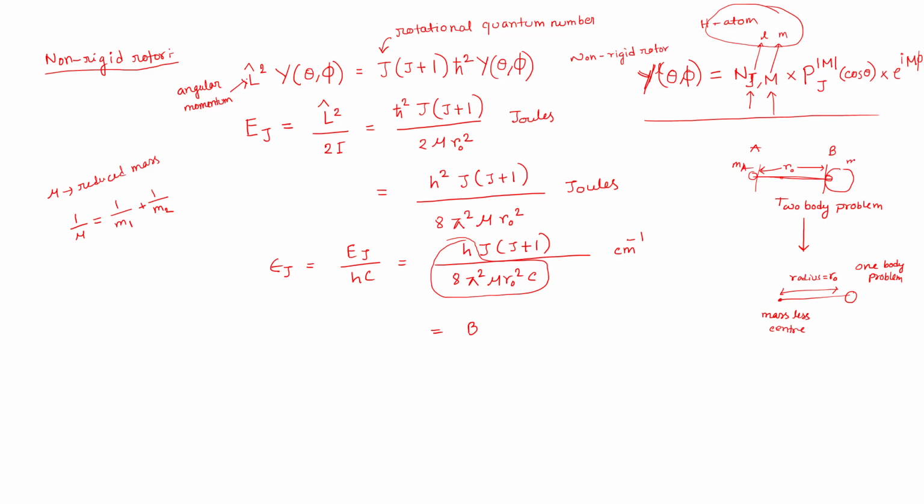Here I have written m1 and m2, whatever. So mu is going to be m1 m2 by m1 plus m2. And r naught, for a rigid rotor, is constant. C is the speed of light in vacuum, which is constant.